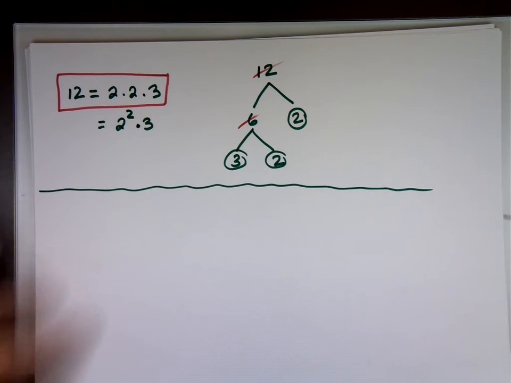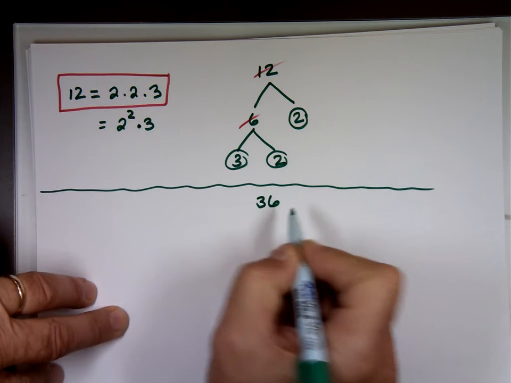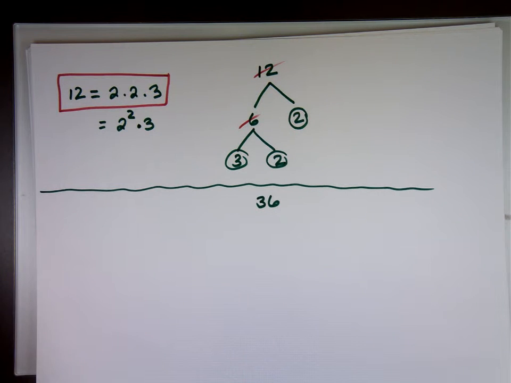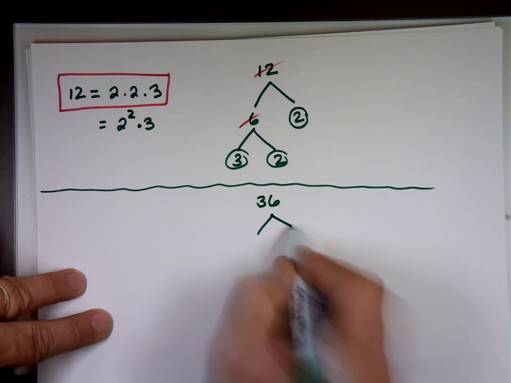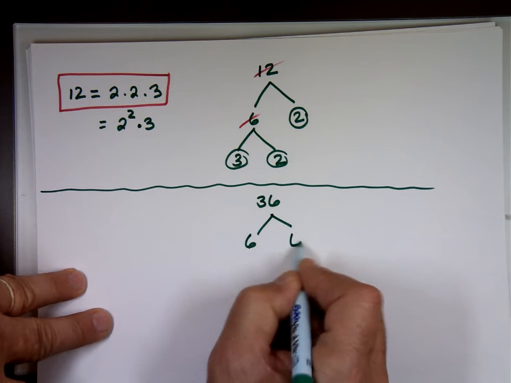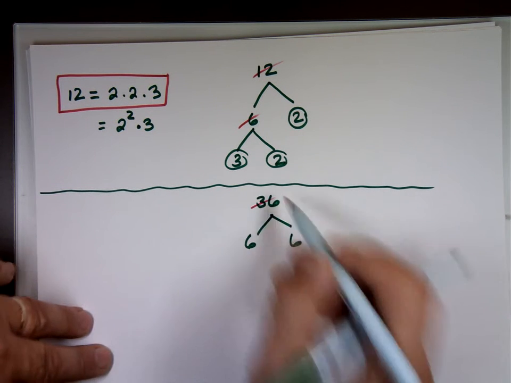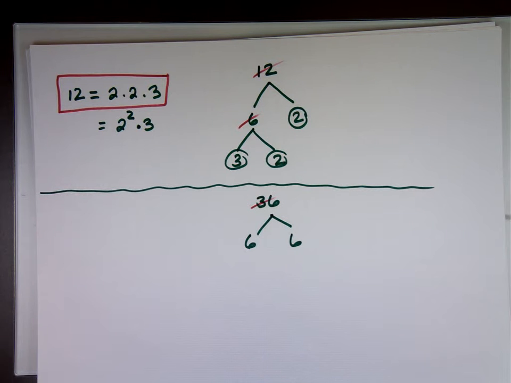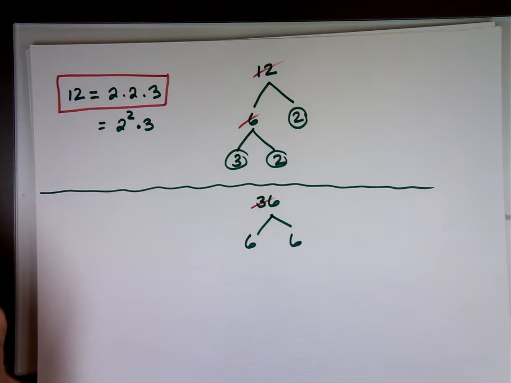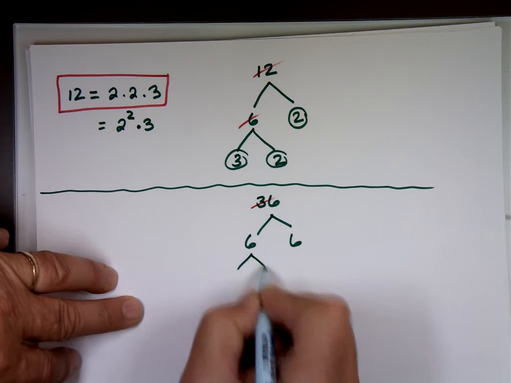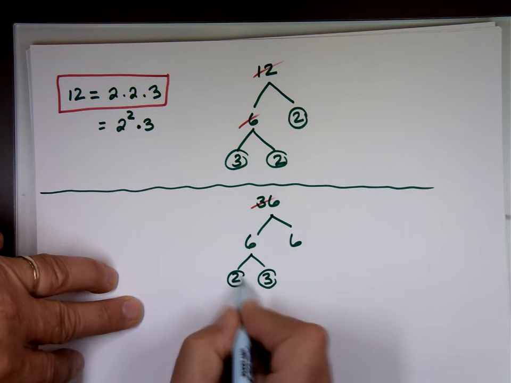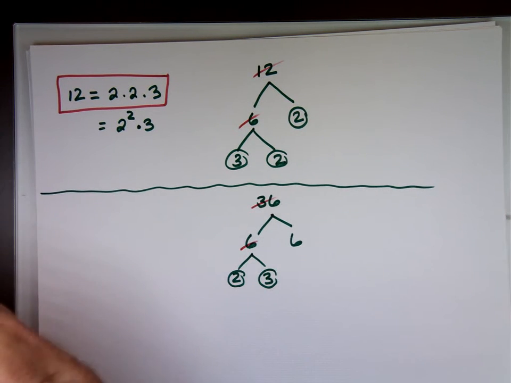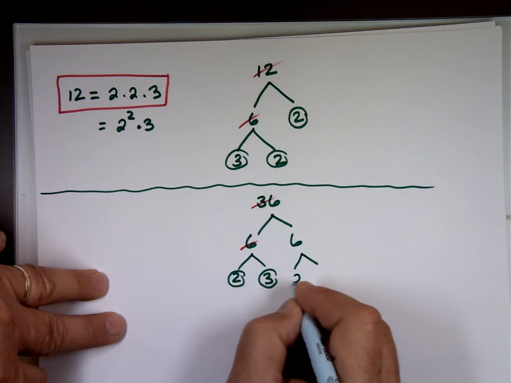Let's try another one. 36. I want the prime factorization of 36. Again, the first two numbers that come to your mind that'll give me 36 if you multiply them. 6 times 6. Okay. So I'm going to take the 36, replace it with 6 times 6. Is 6 a prime number? No. 6 is what? 2 times 3. Are these prime numbers? Yes. The 6 is gone. And let's look at the other 6. Replace it with 2 times 3.